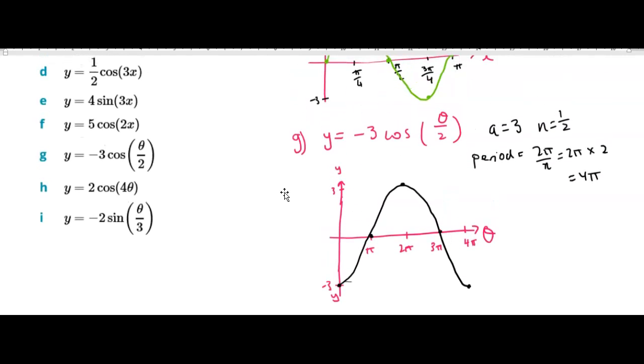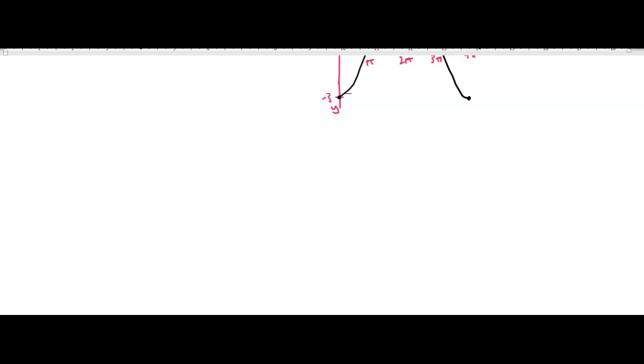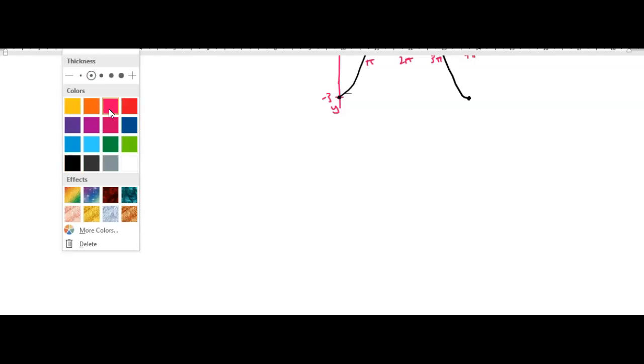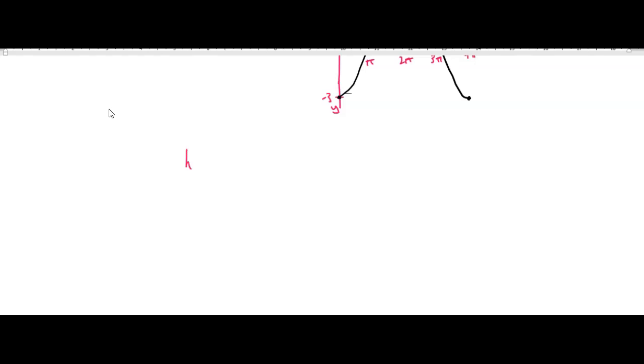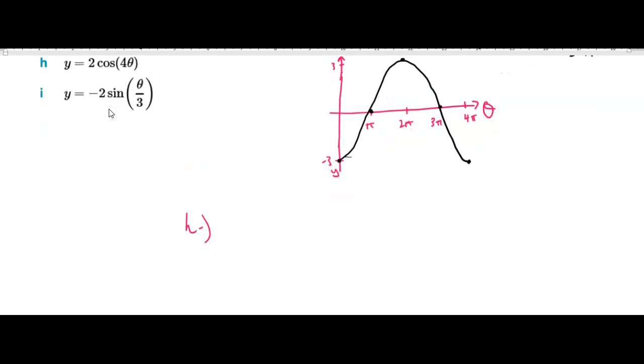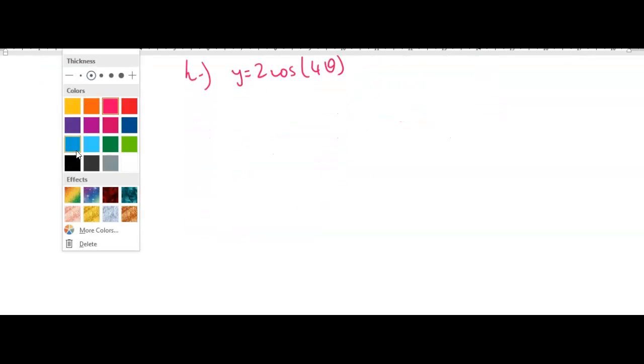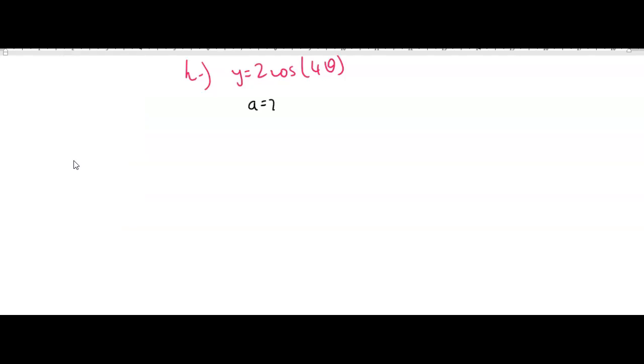Let's maybe just do the next one. I'll do h, and then I'll stop the video because it's getting quite long. Okay. And I'm going to have to, what is it? Y equals 2 cos 4x. Okay, so your amplitude is 2.